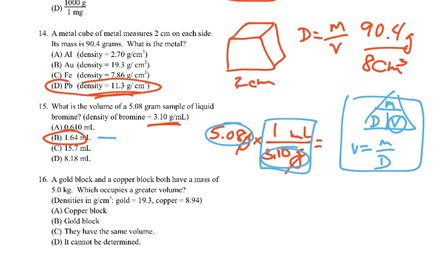So a gold block, okay, and copper, okay, density of gold is 19.3, copper is lower, so gold is much more dense, can have much more mass per volume. So 5 kilograms of each one, gold would be a little guy, and copper would be a big guy. Alrighty, so who's going to be a greater volume? My copper. So the copper block.